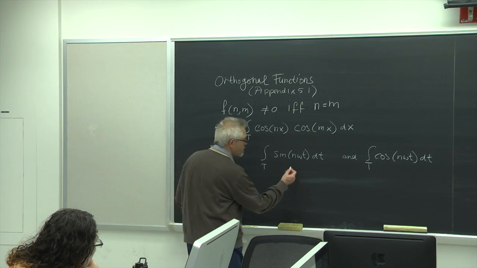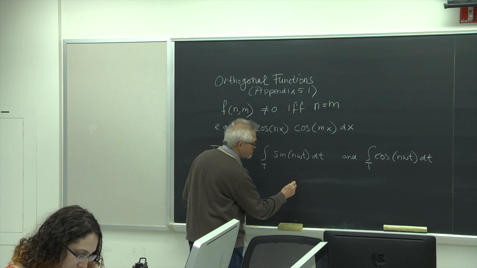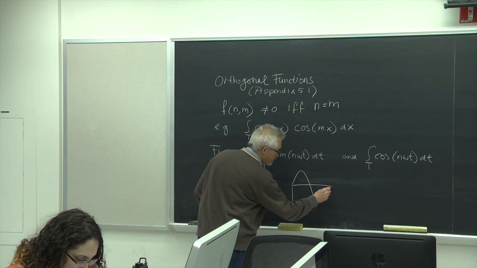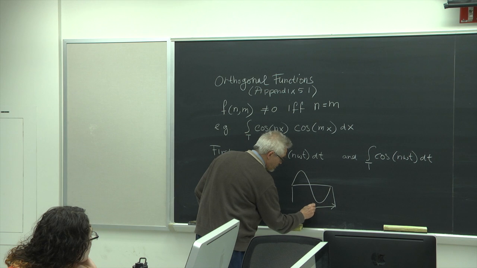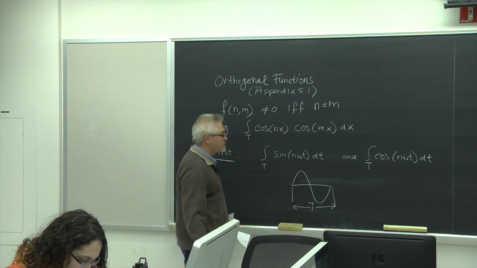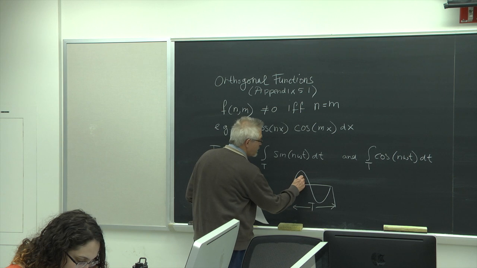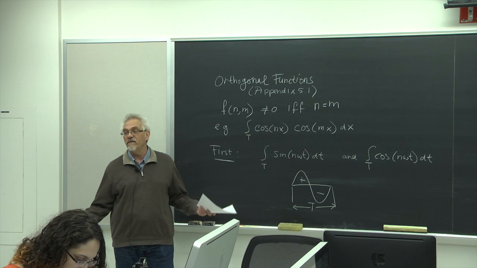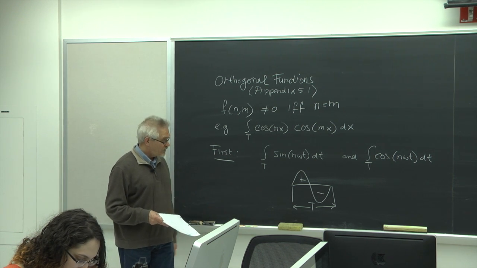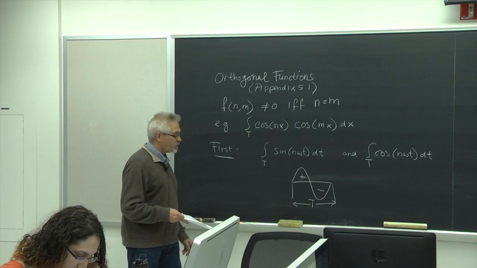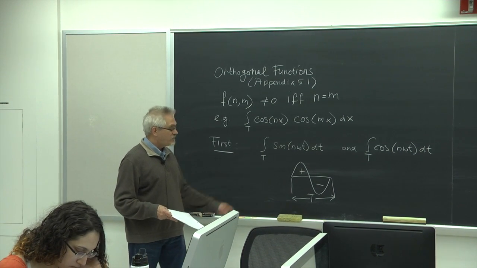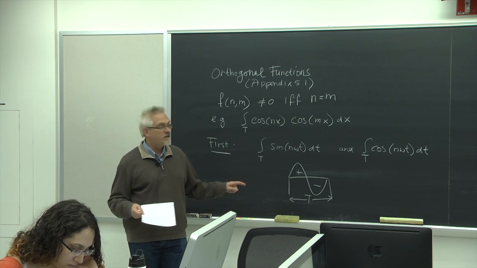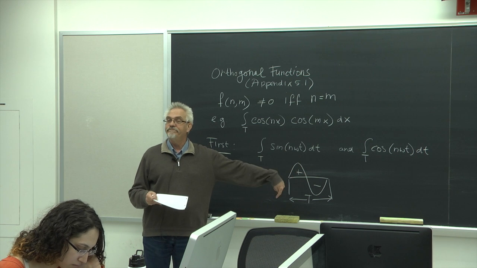It's pretty easy to see, because if you assume n being 1, you can see that over one full period of this wave, the area under the curve here and there cancel. So if you have an integral of a sine wave over a full period, the integral evaluates to 0 because the area under the curve is 0. If I make multiple periods, doesn't matter, they still cancel out, as long as I keep integrating over a full period.